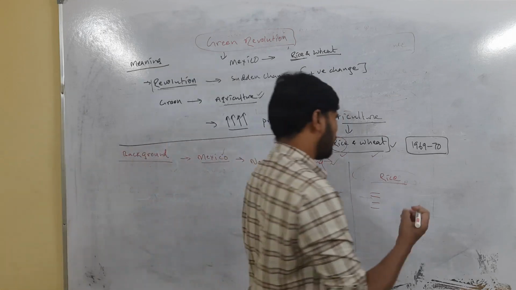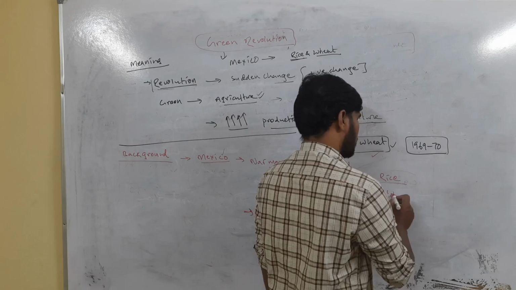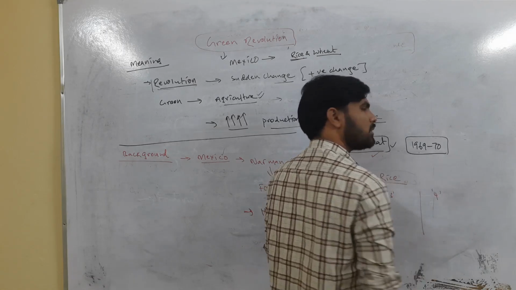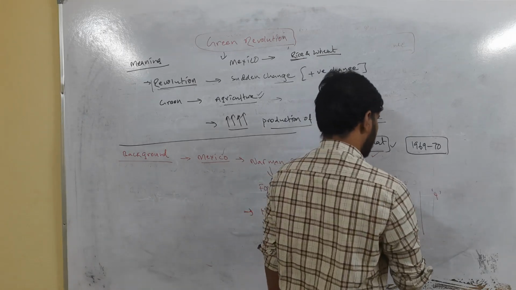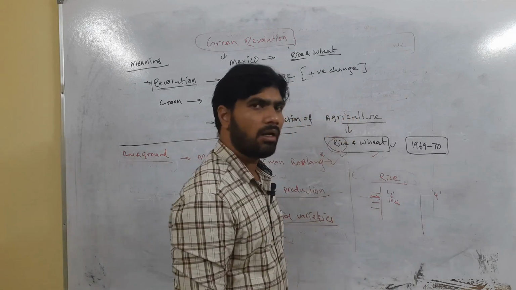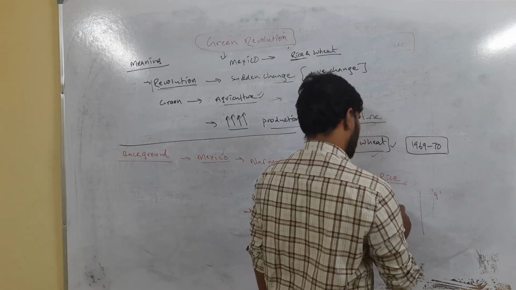They have different qualities. Some will mature within 3 months, while other varieties take maybe more than 4 months. Some varieties require less water, some other varieties require huge water. Some varieties are prone to diseases.